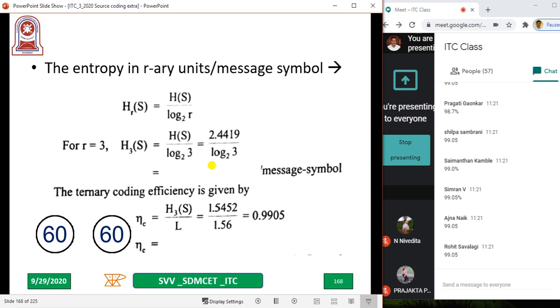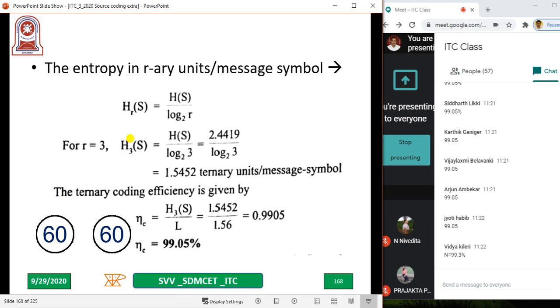All these students got 99.05. The answer is correct, 99.05. Jyoti Habib has typed 99.05.